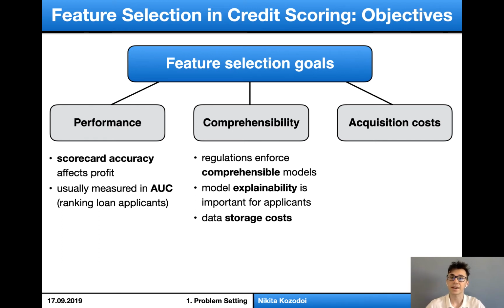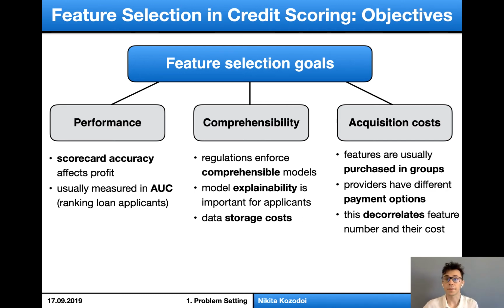Some companies and banks have to follow strict regulations that enforce using comprehensible scoring models. Model explainability is also important for customers who want to know exactly the reasons why the decision was made that way. Having fewer features improves both comprehensibility and explainability of the model.